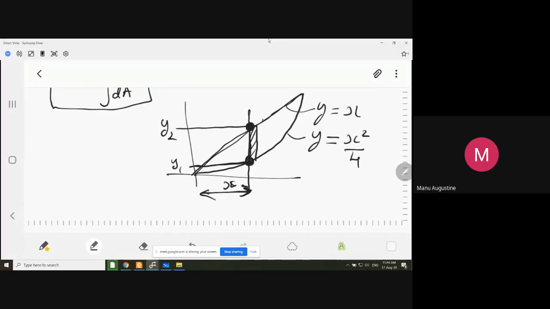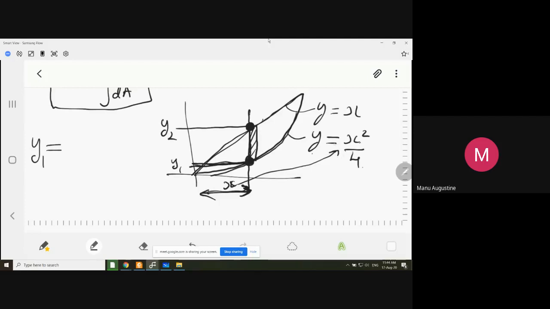So now, looking at this figure, tell me what is the formula for y1. For y1, I have to obtain this coordinate. So in the equation of parabola, y is given as x square by 4. And instead of x, if I substitute this x, because this is the random distance x we have taken, there will be no change at all.